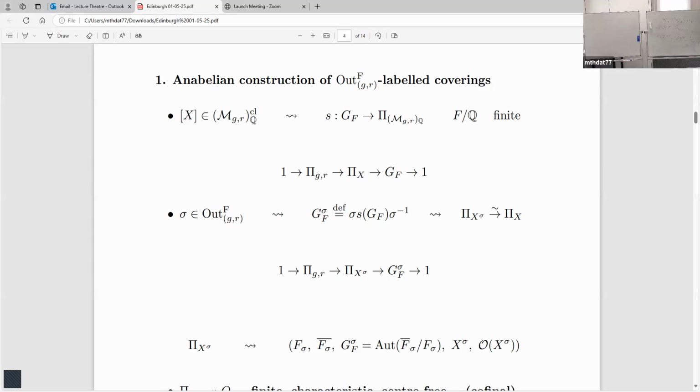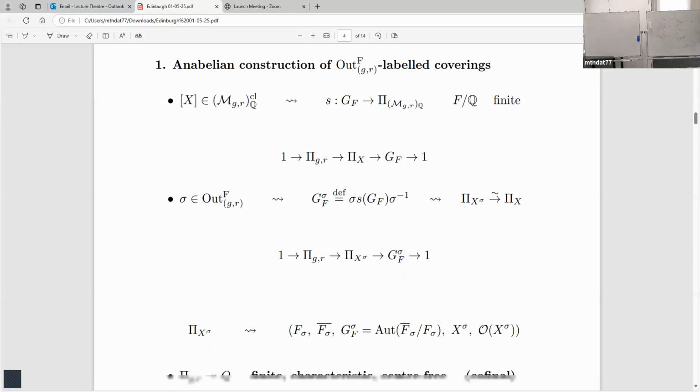We want to construct objects, curves, and covers, which are labeled by this σ. So when you conjugate the image of this section by σ and again pull back the exact sequence by this section G_F^σ, you get another group extension of G_F^σ by π^Γ, which as a group extension is just isomorphic to π_1 of X.